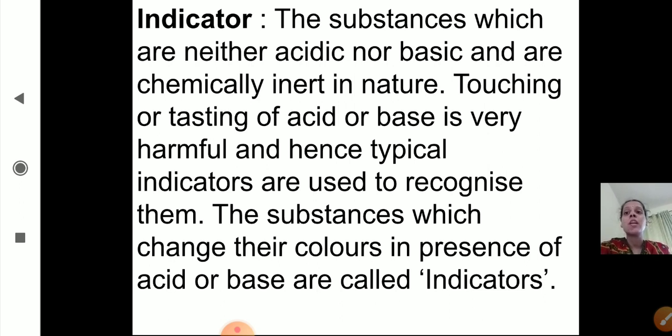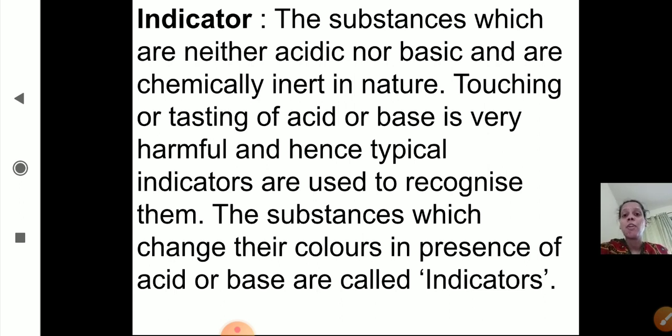The substances which are neither acidic nor basic and are chemically inert in nature. So indicators means what? Touching or tasting of acid or base is very harmful and hence typical indicators are used to recognize them.